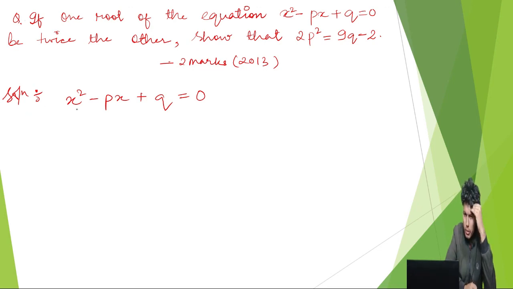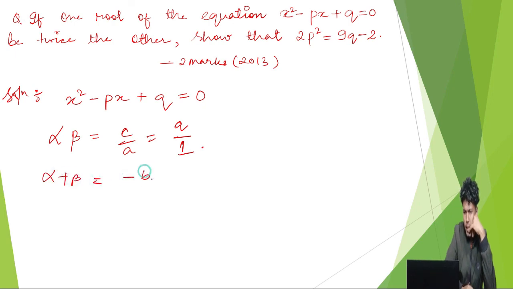From this equation, let us write alpha into beta. What is alpha into beta? It is c by a. Here c is q and a is 1, so it is q. Alpha plus beta is equal to minus b by a.